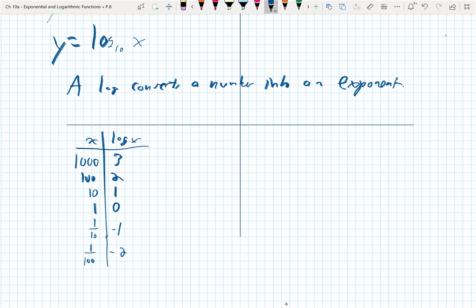But if I graph this on this grid, there's maybe 3 points I can graph. 10 to the first, or the point (10, 1), would be right 10, up 1. (100, 2) is a point, but I can't go 100 to the right. I can go (1, 0), and I can graph (1/10, -1), kind of.